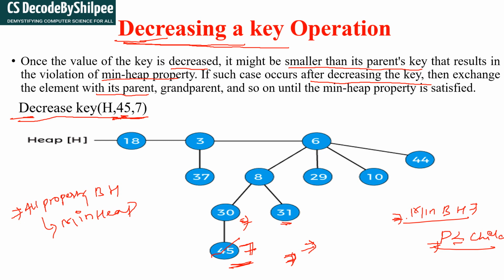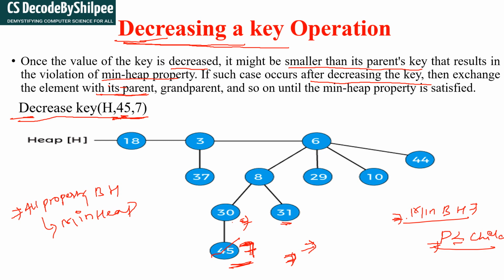So in that situation, what are we going to do? If it violates the min heap property, we swap with the parent. Now we check: is 30 less than or equal to 7?